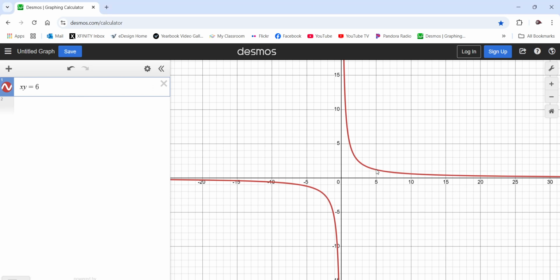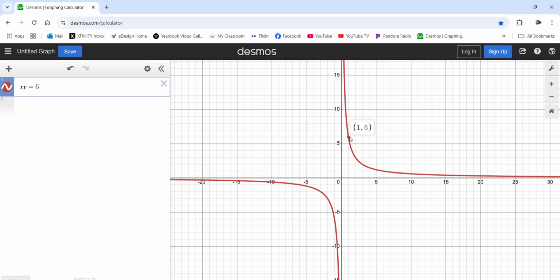So let's see. Let's go to the 1, 6 again. Okay, let's do this. Here we go. I got it now. If I put a 1 in there, I'm going to get a 6, correct?